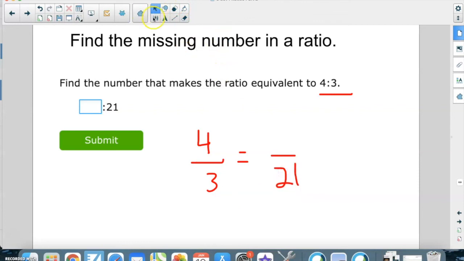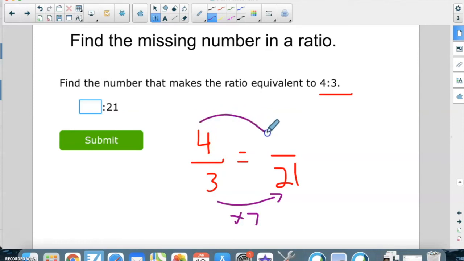So how do I go from 3 to 21? Well, 3 times 7 is 21, right? And what you do at the bottom, you do to the top. 4 times 7 is 28. So my ratio is 28 to 21. So 28 goes in here.